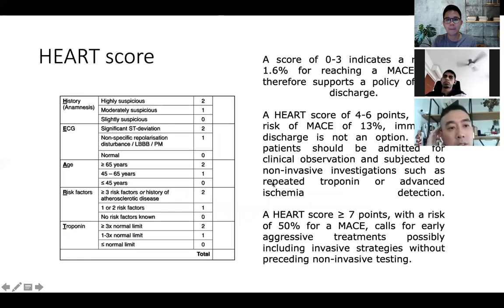Yep. The HEART score. We use it at the emergency department. So you use this to decide if a patient can be discharged or whether the patient needs to stay. So basically taking into account the history, ECG findings, age of the patient, risk factors, and doing the troponin.